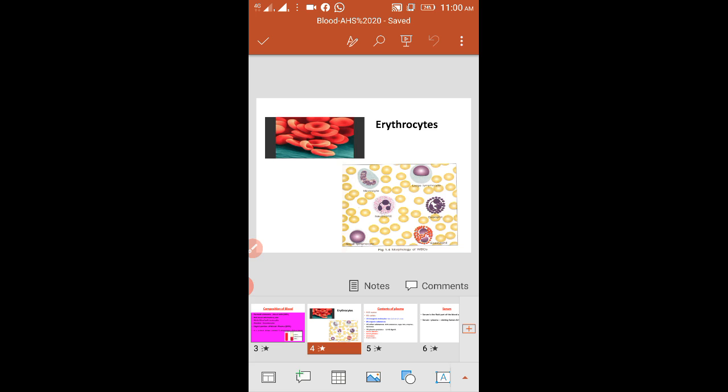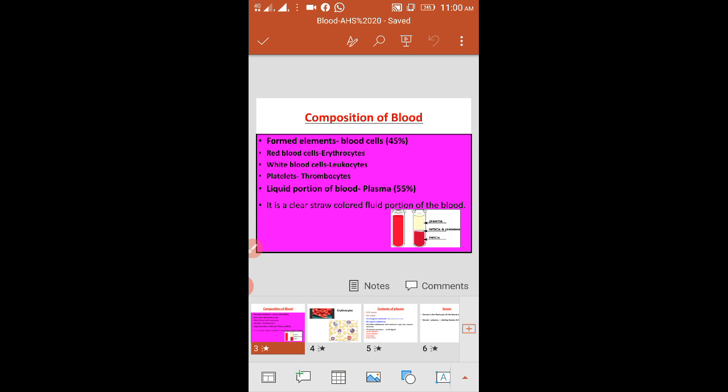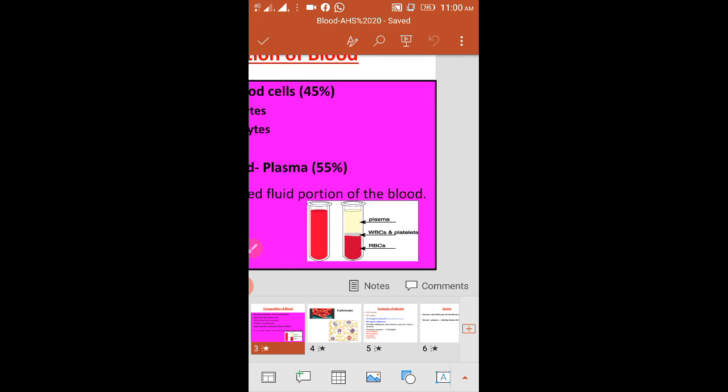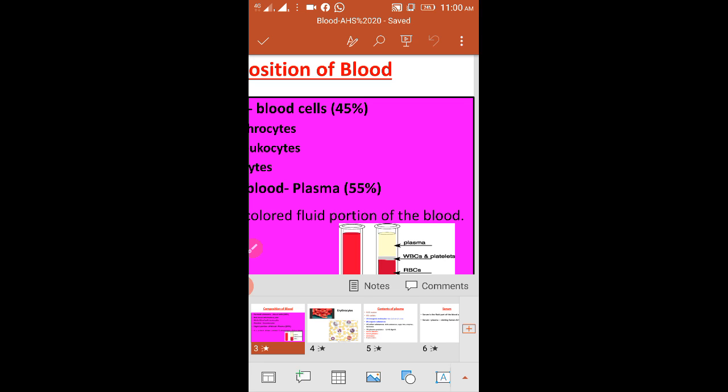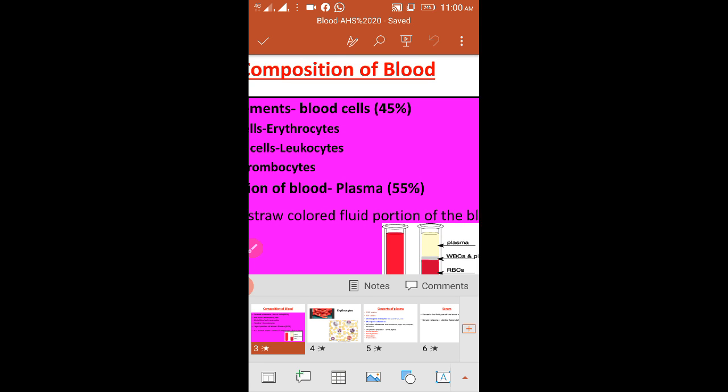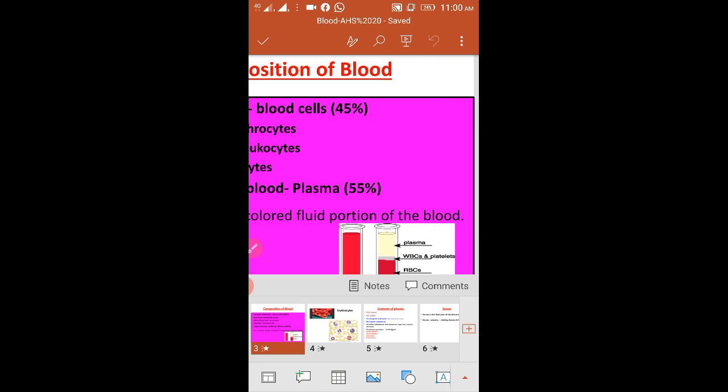If you take the blood in a test tube and centrifuge it, above is the plasma, then a buffy coat will appear, which contains WBC cells, and below the RBC will settle down.